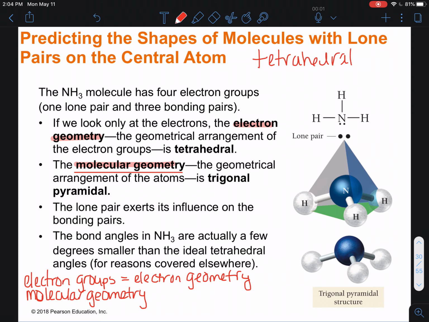But then we sit back and say, okay, we know it's tetrahedral, but there is a lone pair right here. Since there's one lone pair within the tetrahedral electron geometry, that gives us a molecular geometry of trigonal pyramidal.